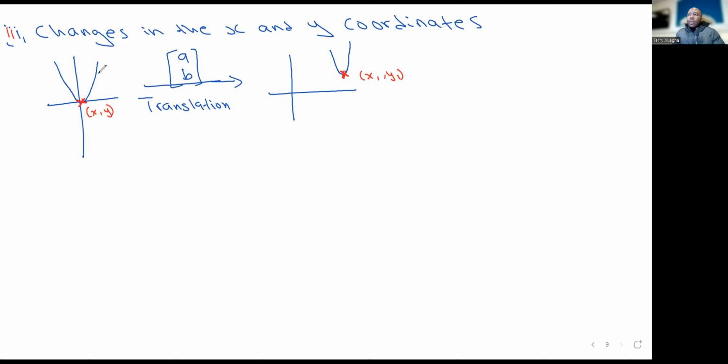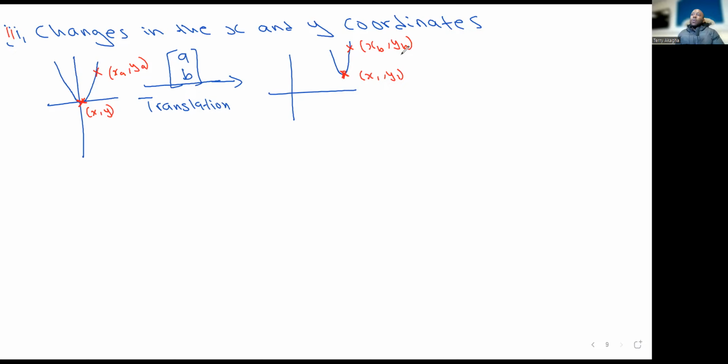If you pick another coordinate, let's call this XA and YA. When it's translated, the point is going to be totally different from what it was earlier. So let's call it XB and YB.